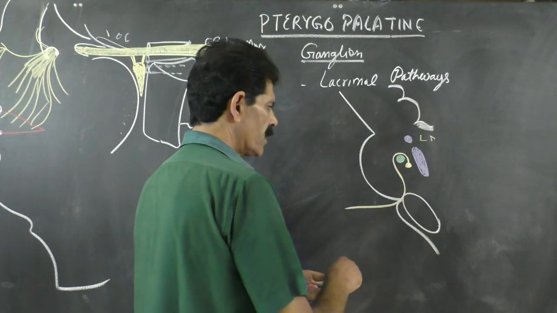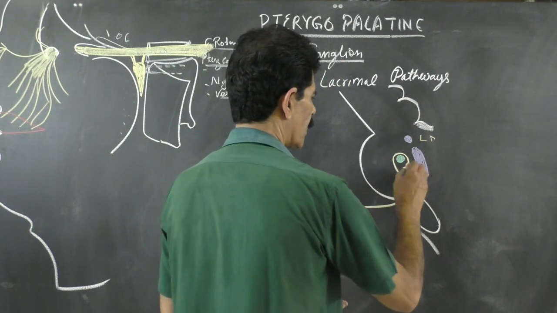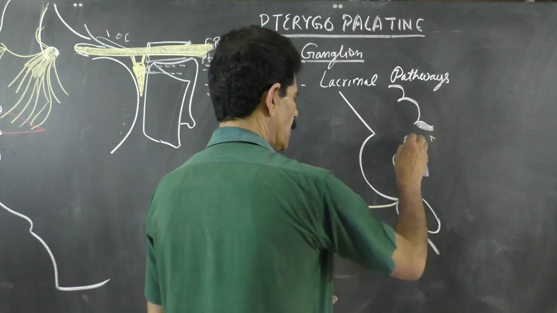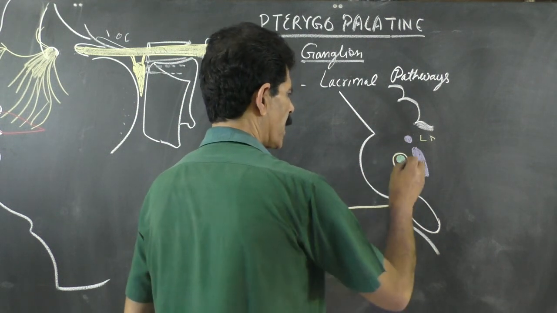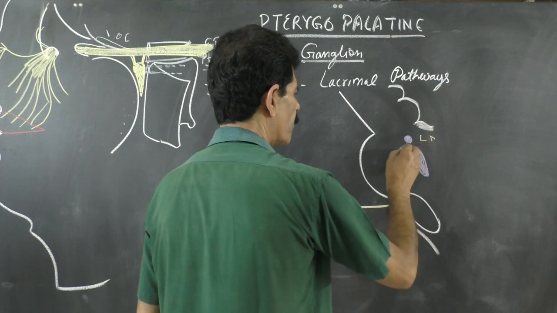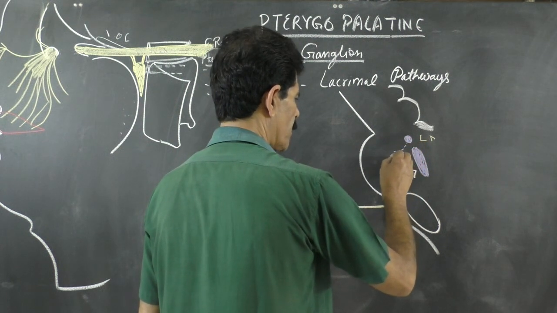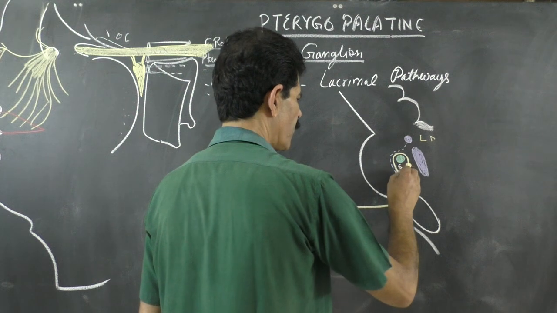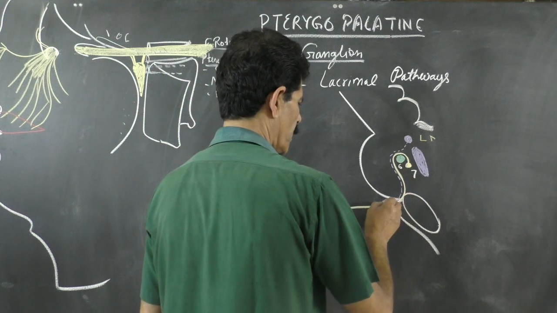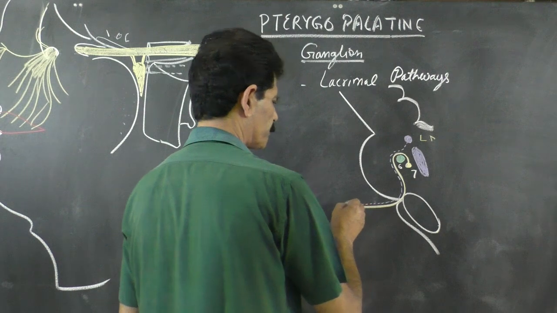So this is the facial nerve nucleus and the abducent nerve nucleus. So these preganglionic parasympathetic fibers, the secretomotor fibers made for the lacrimal gland, accompany the facial nerve, and they come with the facial nerve.